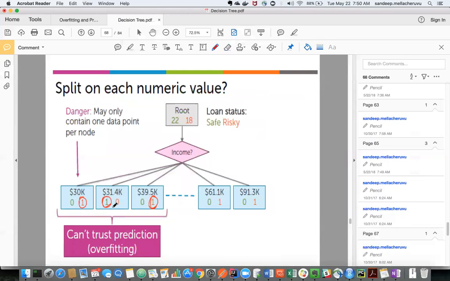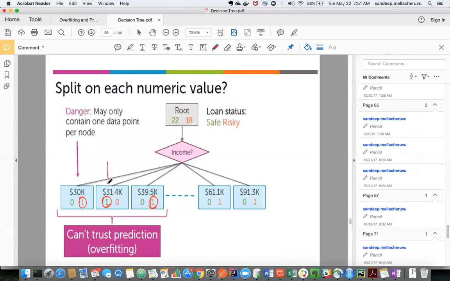The thing is, how many times in the new data set do you get again 31.4K as the income for a new data point, for a new person who is coming to the bank? What is the chance that he'll exactly have 31.4K as his income? It is very rare. Yes or no? Are you clear or not?